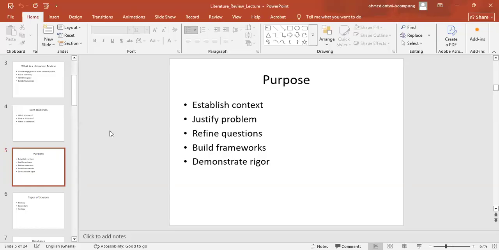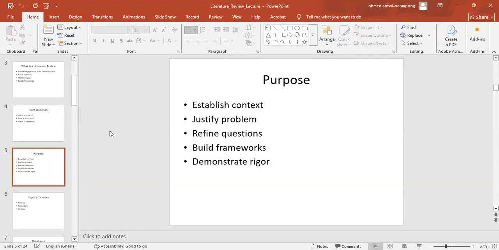Okay. Now let's deepen this. The literature review serves multiple purposes. And so in our journey to discover what is unknown, this purpose must clearly be underscored. First, it establishes context. What do we mean? We mean that it shows where your study fits in the broader academic conversation.